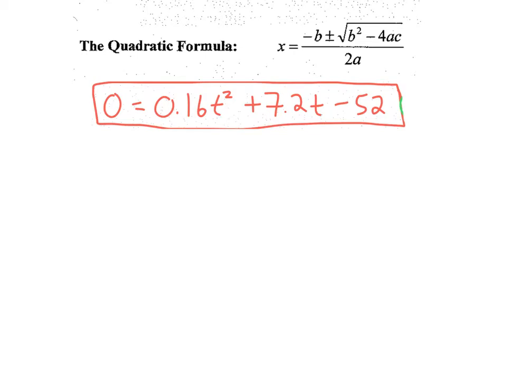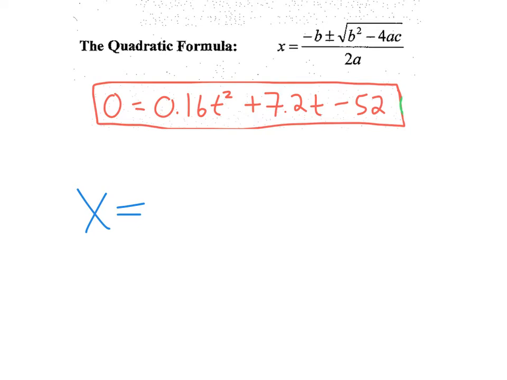Okay, so we recognize we have a quadratic in standard form. We recognize it's not easily factorable over a set of integers given that we have decimal values. So we will use the strategy of the quadratic formula. What is the quadratic formula? Well, it's listed above. We take on values of x. In this case, it will be values of t.